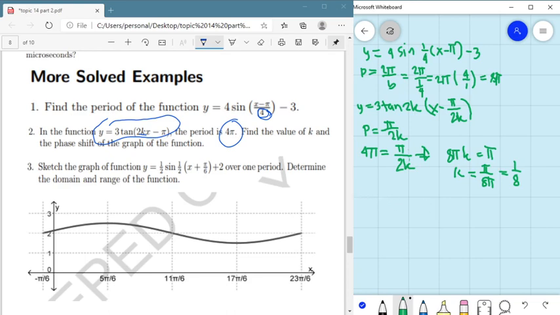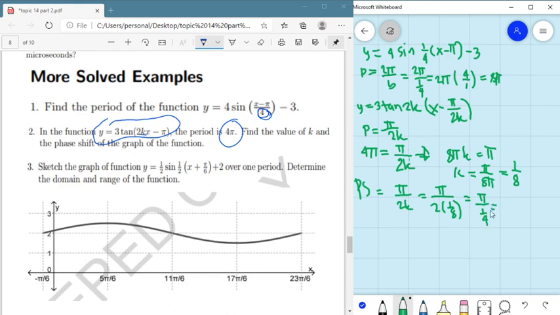And to find the phase shift, the PS, it would be equal to pi over 2k. Since our k is 1/8, we replace the k with 1/8. So we can have pi over 1/4.